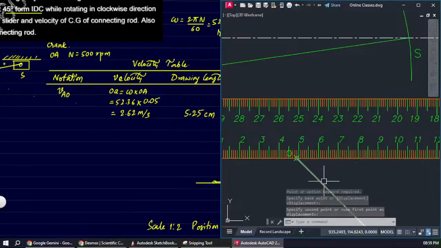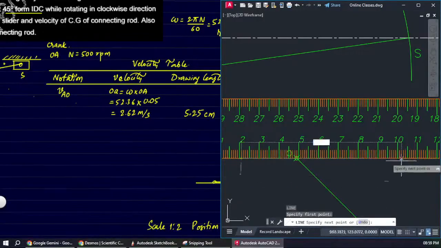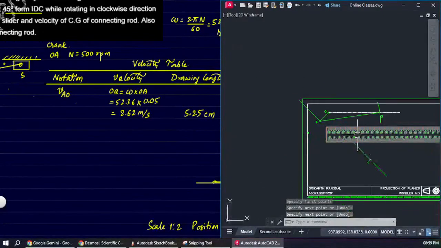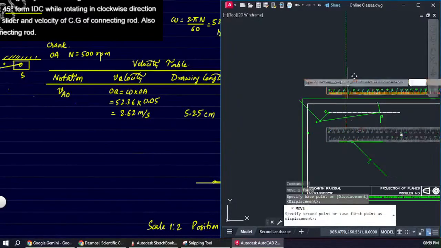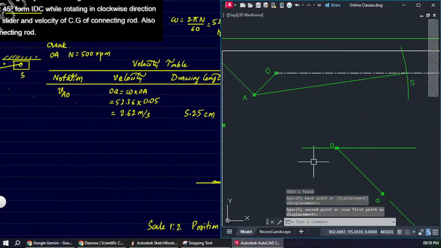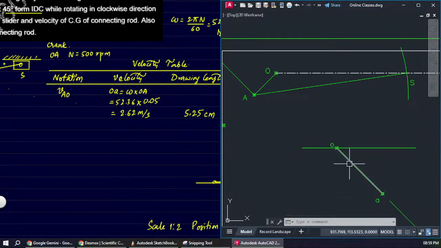Once it passes through O, let's quickly take a line. Again, this line you can take of any length, because we don't know in which direction it is moving, neither do we know its length, because we don't know the velocity of S yet. The only velocity that we knew, we have already drawn in both magnitude and direction. Now once we have drawn this parallel to this, next we will need the velocity of A with respect to S. Let me quickly write those velocities here as well.